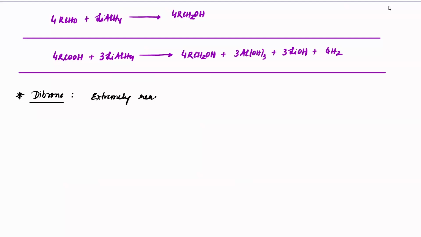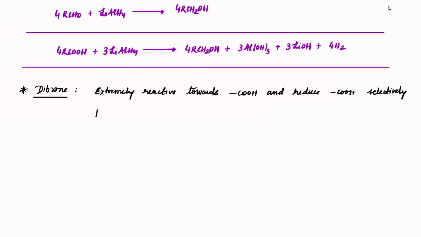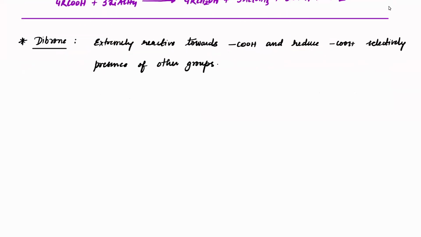Extremely reactive towards COOH and reduces COOH selectively in presence of other groups. In presence of other groups. So which means it will give carboxylic acid as the priority.